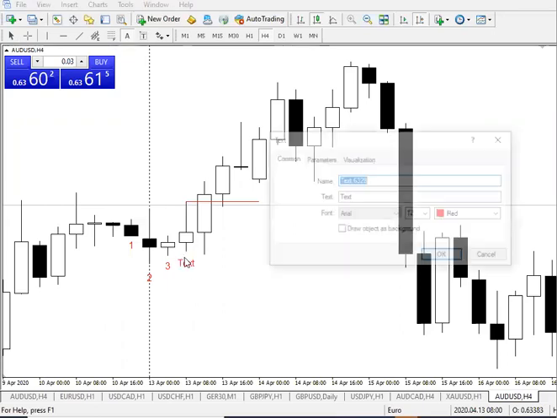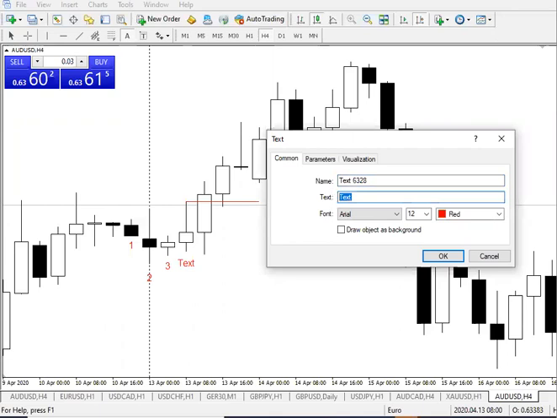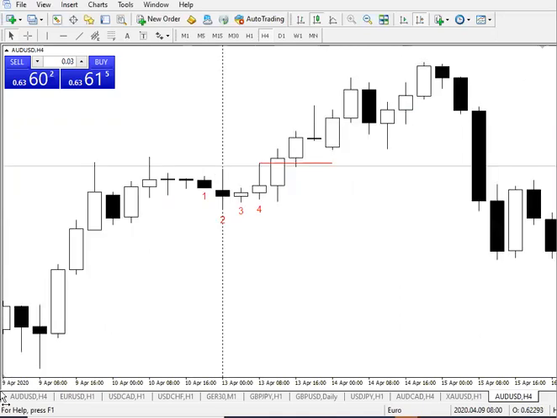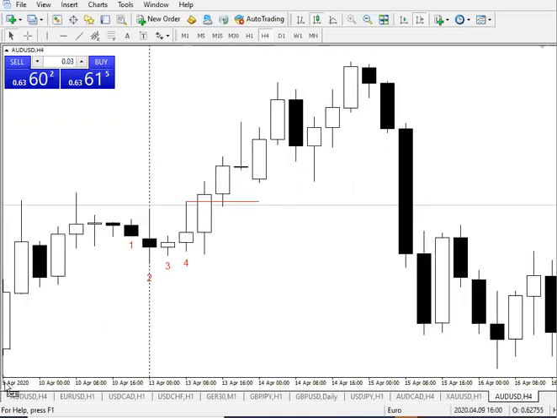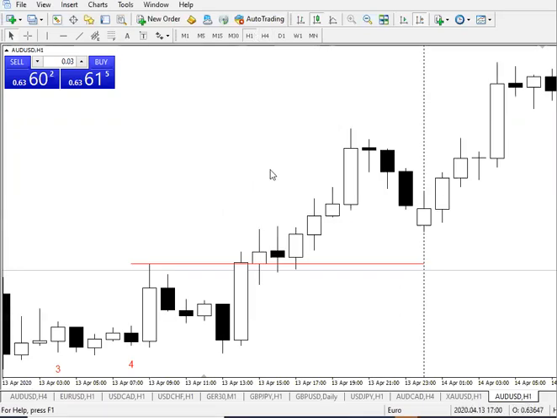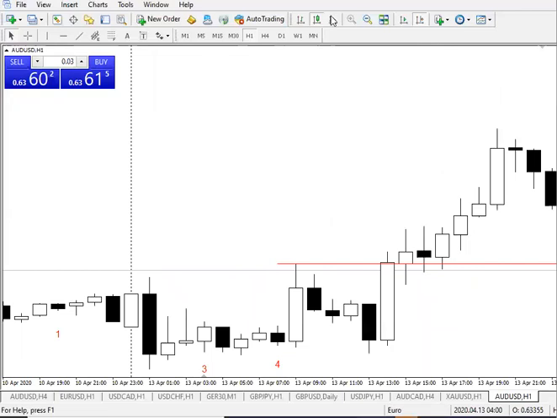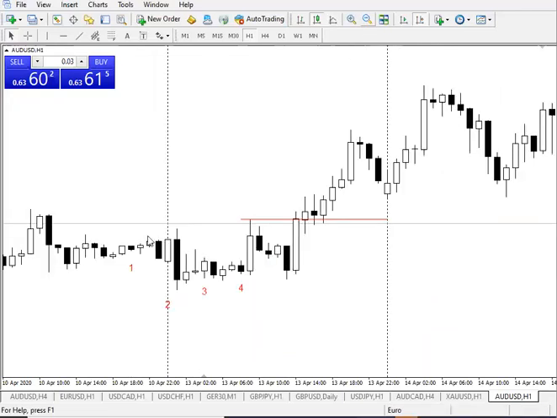So I'll just mark the bar 4. So what we do then, once we've got the signal, because bar 4 is closed, is draw it down to the H1. As you can see on here, the bars are marked.